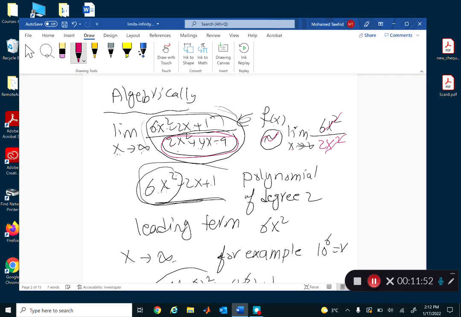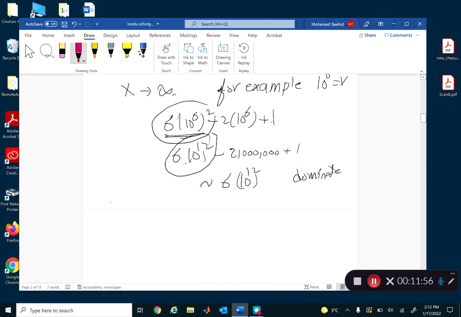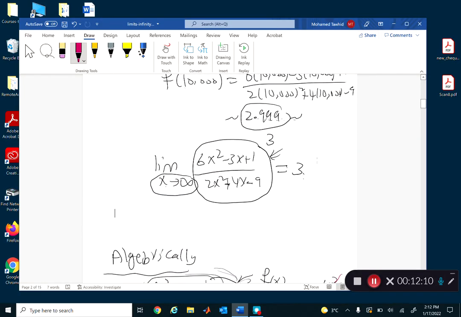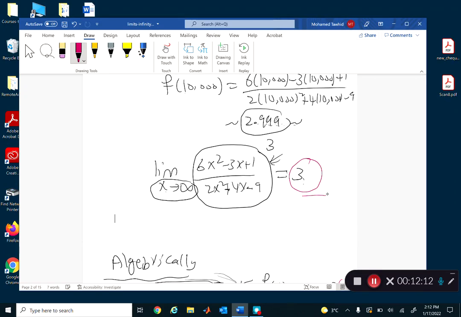What is the limit? Any constant limit is exactly the same constant, right? So here I end up with the limit of 6 over 2 when x is close to infinity. That's a constant, so it will be 3. That's called algebraically, guys. That is exactly what I got when I did it numerically. Look at the numerical part, you get 3.